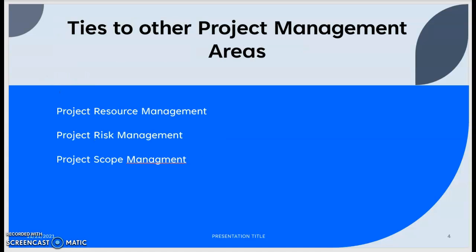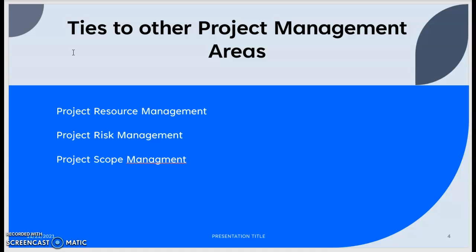Now, if we move on to this slide, what other ties does stakeholder management have to different areas? I chose these 3: project resource management, project risk management, and project scope management, because I think those are the 3 areas that stakeholder management affects the most.